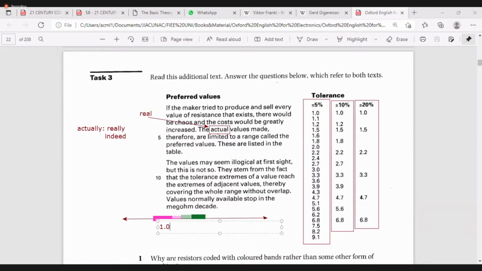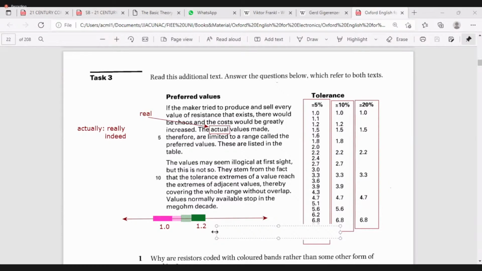If we extend that, the 10% is this pink color that is not completely solid. That 10% can meet the other value that is 1.2 by the extension of it. So by the extension, they meet the other tolerance. Then, therefore, they cover all the range of resistance that we need. That is what is established here.